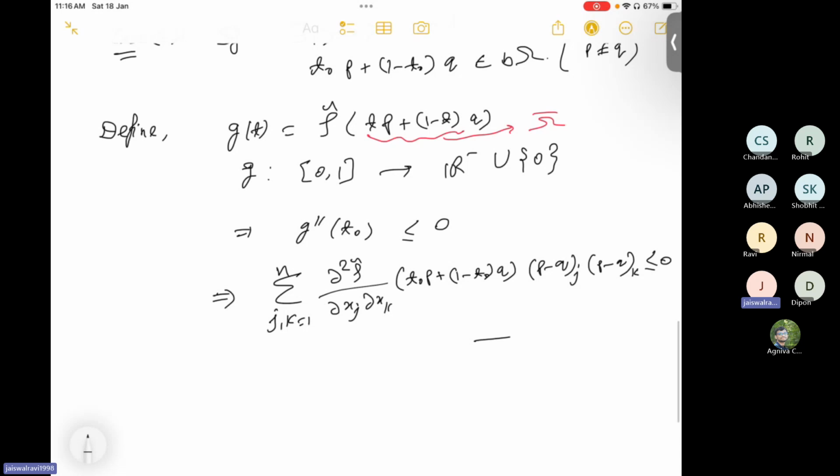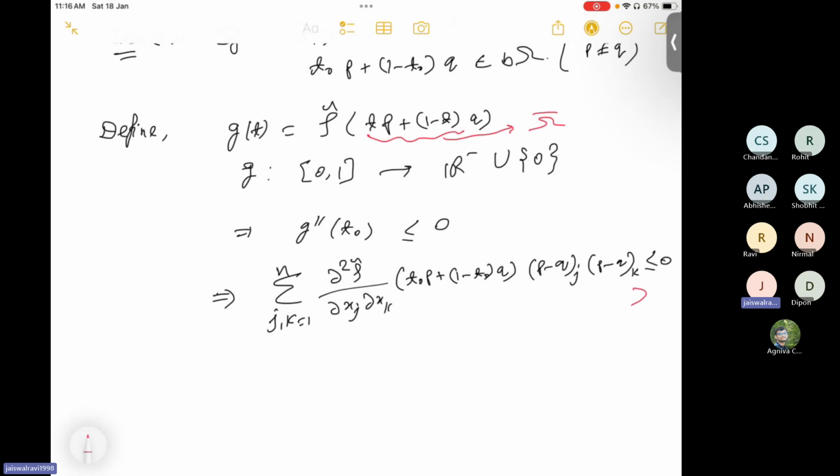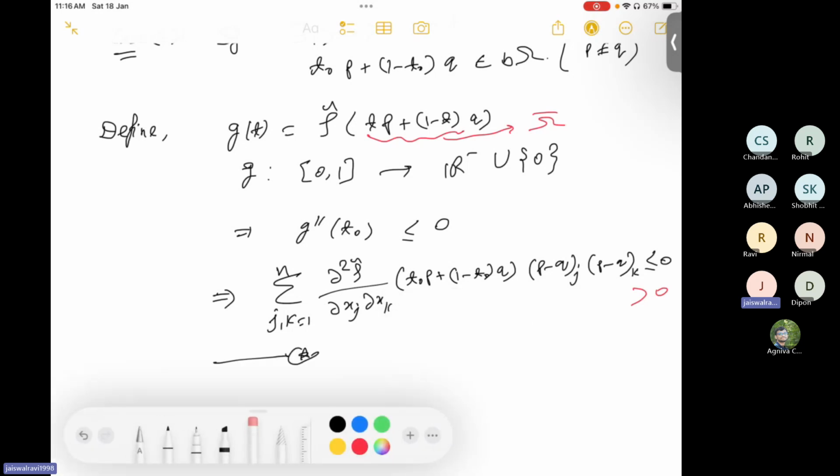And this will contradict our assumption on a strongly pseudo-convex domain, because for a strongly convex domain this condition is strictly positive. So here we get the contradiction.